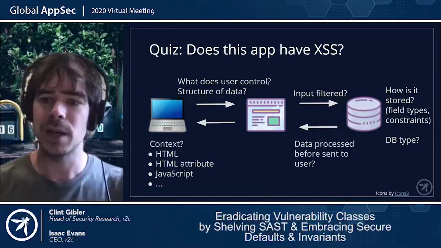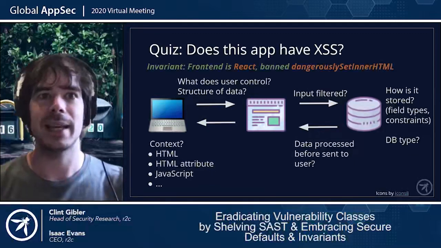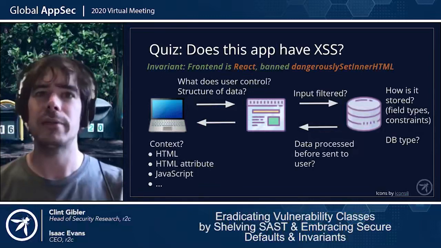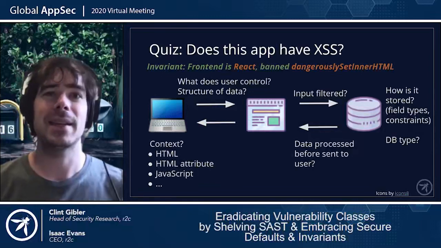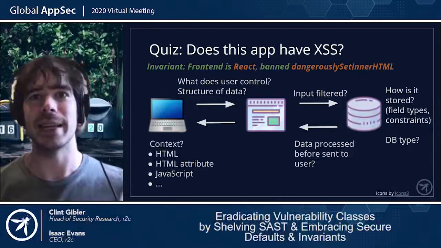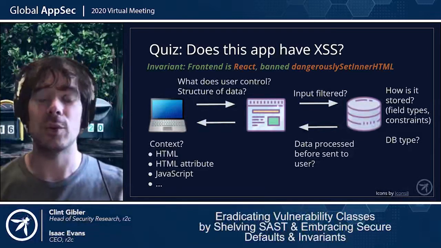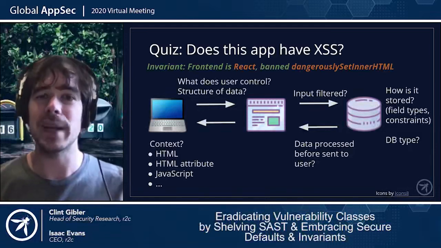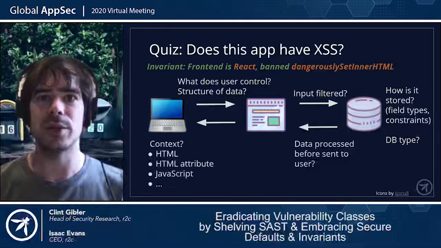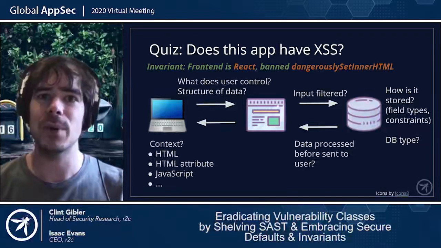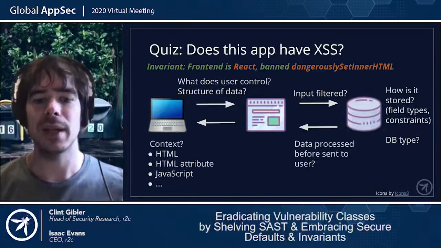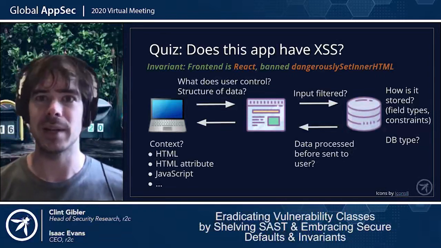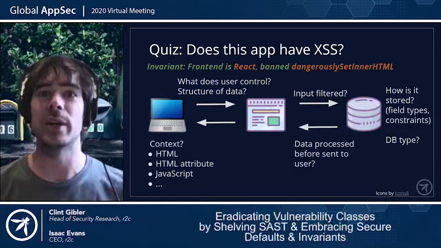But what if I were to instead say, hey, we've enforced this invariant on the code, that is, all of the front end is React, and we banned the API call dangerouslySetInnerHTML. Now, React is a great example of a secure by default framework where it's essentially impossible, or at least very difficult, to introduce cross-site scripting anywhere, except for a handful of places where you can opt out of the framework protections, dangerouslySetInnerHTML being one of those.